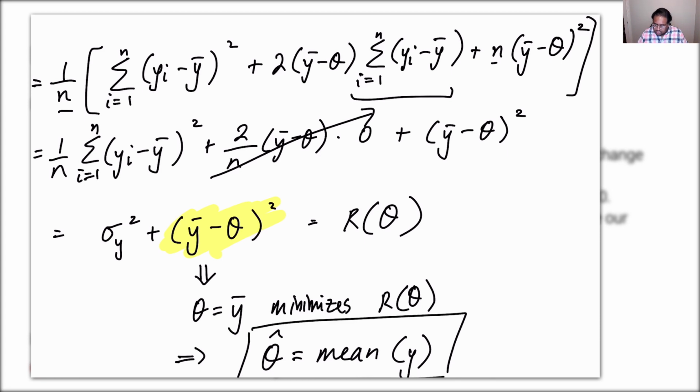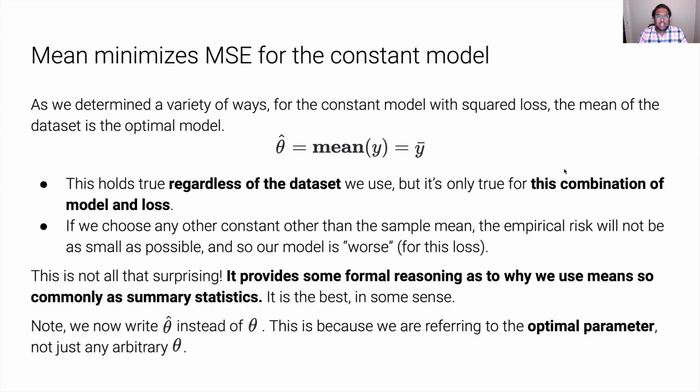Because setting theta equal to y bar makes this quantity as small as possible. And so this property that we've determined in a variety of ways holds true for any data set, but is only true for this specific combination of model and loss function.